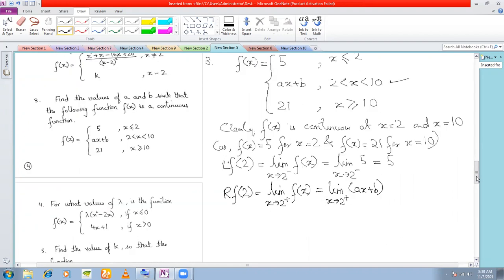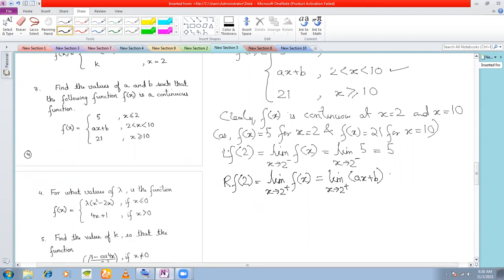Now, because we have a and b as unknowns, you can directly put x is equal to 2 and find the value of the limit. You don't have to put x minus 2 is equal to h here. You can put directly x is equal to 2 and find this out to be 2a plus b. This is the value of the limit. Also, f2 is equal to 5, right?